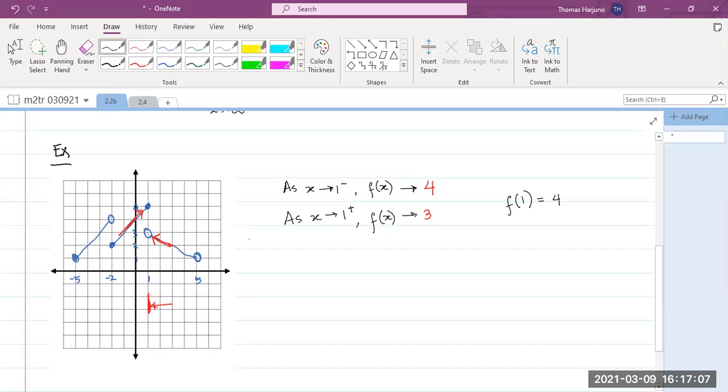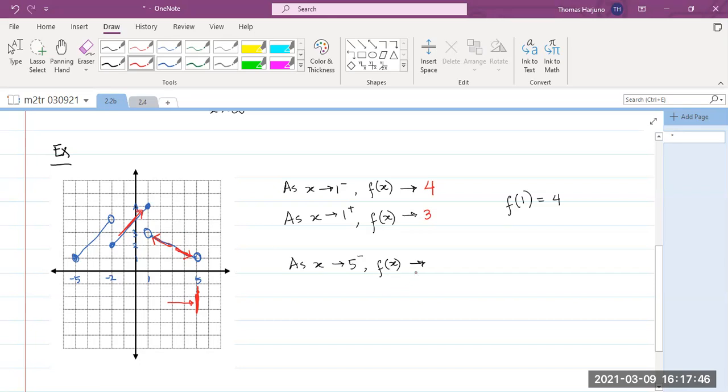How about when we do this one? As x approaching 5 from the left-hand side, f(x) is approaching what? So this is x equals 5, right? So we approach from the left-hand side. You follow the graph, approach x equals 5. As x gets very, very close to 5 from the left-hand side, the value of the function approaches 1.